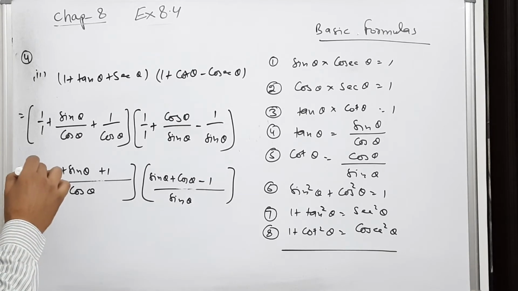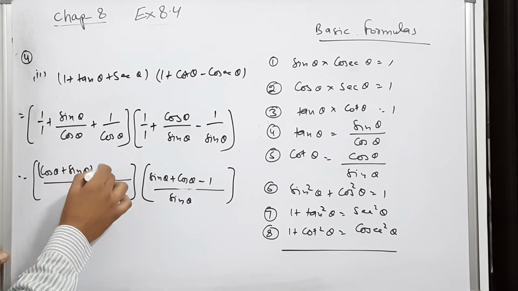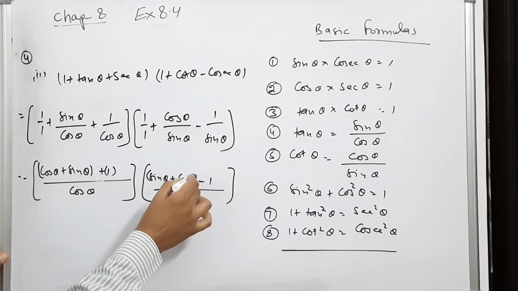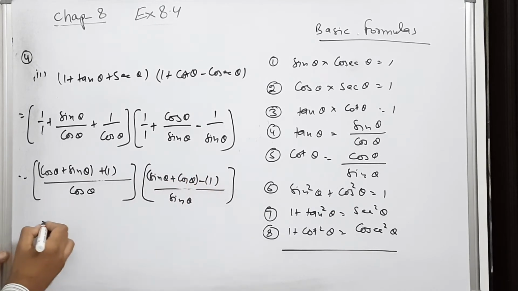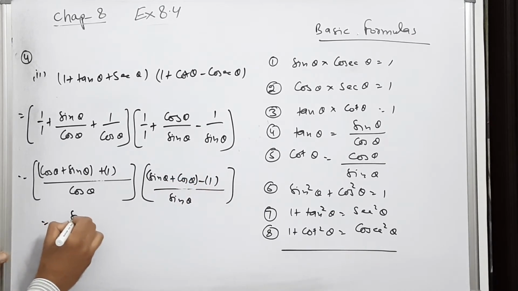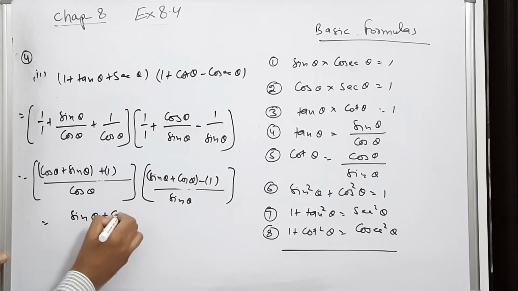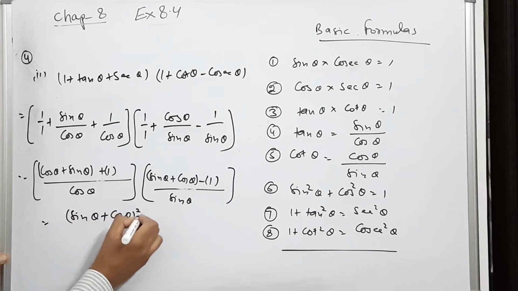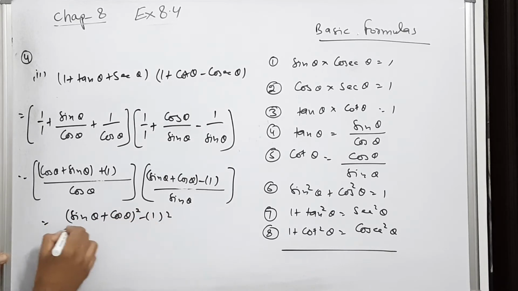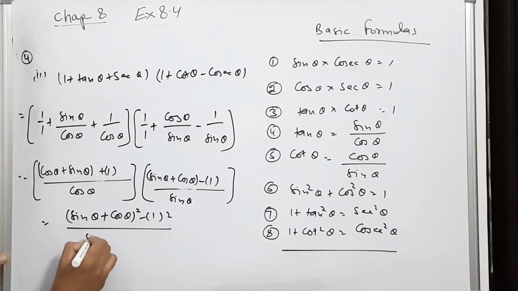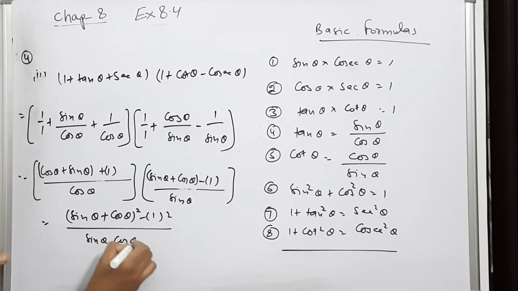So, when you are multiplying, this part is A and this part is B. The formula will be, you can write sin plus cos or cos plus sin whole square minus 1 whole square, and the denominator will be sin theta and cos theta. Please see this part.